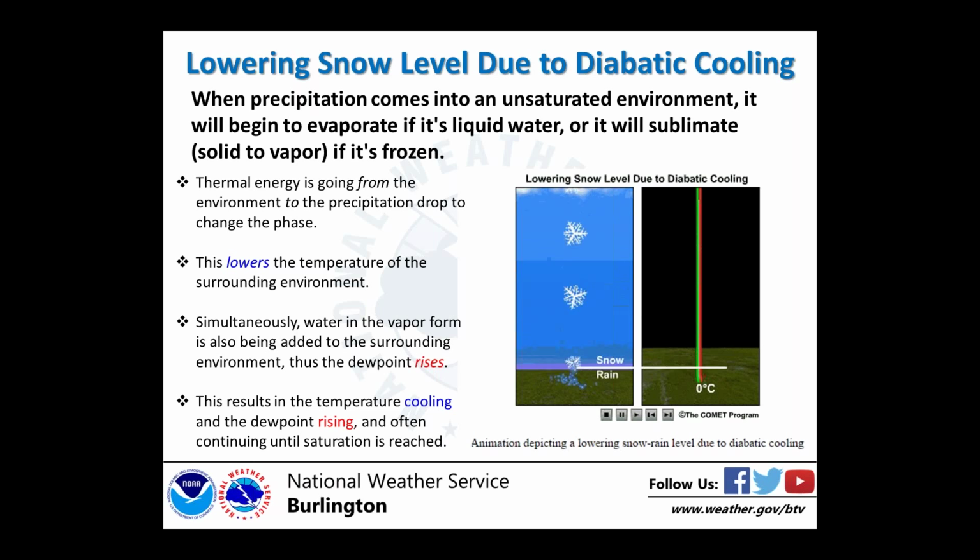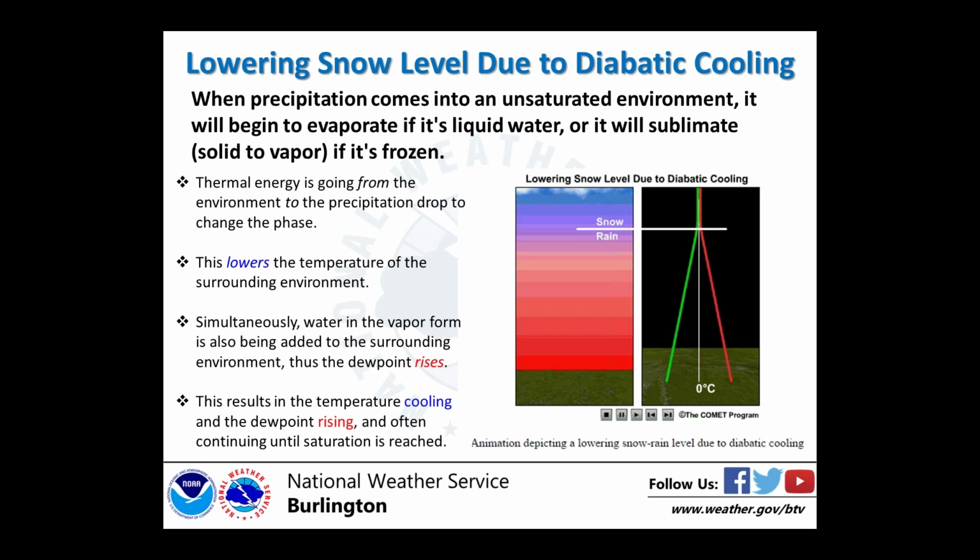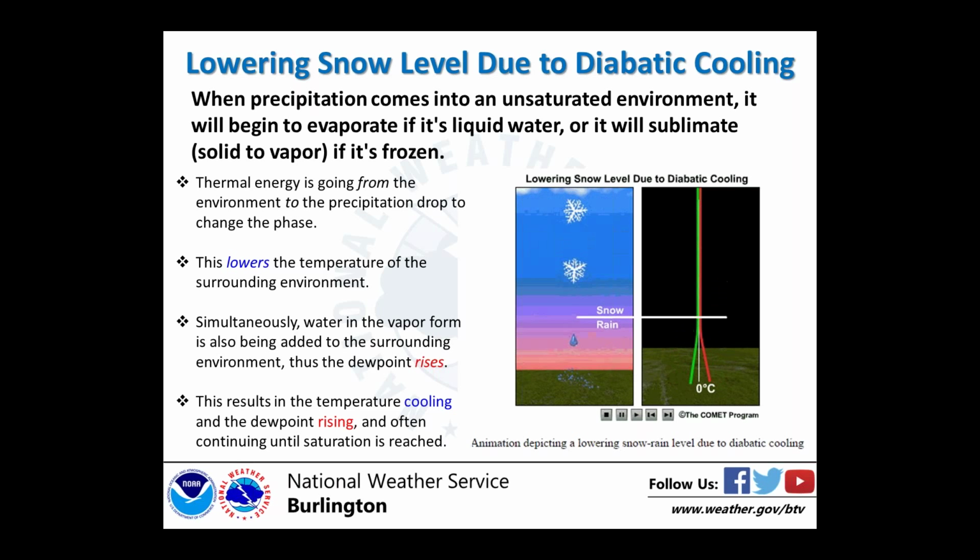This causes the temperature of the surrounding environment to actually decrease, and at the same time, the dew point starts to rise. And you can see the red line on the right-hand side and the green line on the left-hand side start to merge as the snowflake continues to fall and lower the temperature.